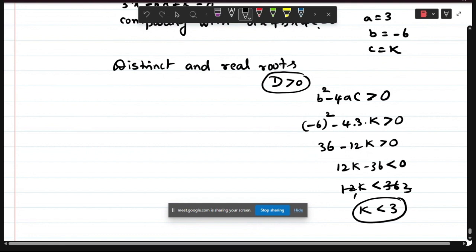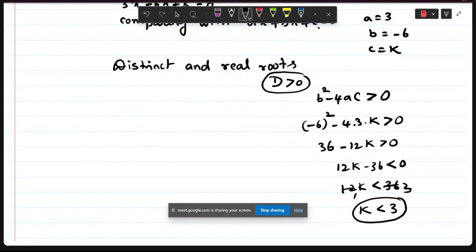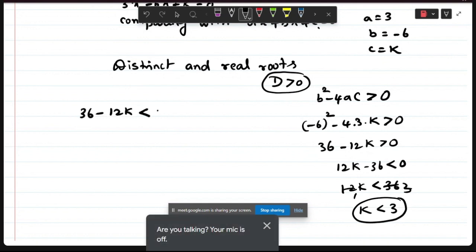Okay, sir. Any doubt? No, sir. Sir, how did greater than change into less than 0? Yes, very good question. I think last class I discussed for RO students also. Here, 36 minus 12k is less than 0. I want the k value.